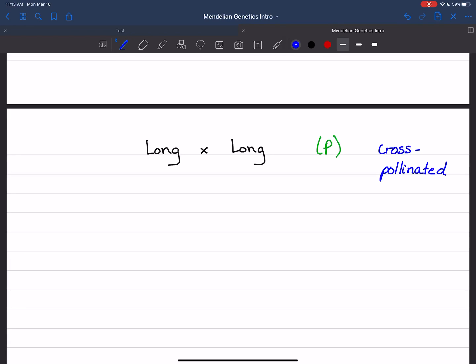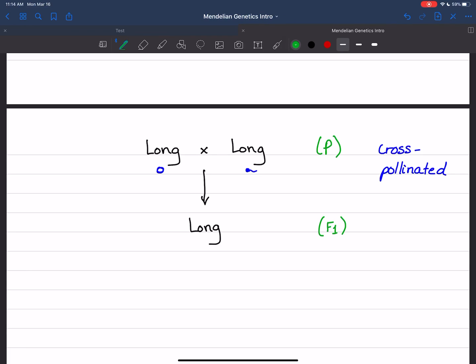The egg came from this plant, and the sperm came from that plant. So when he crossed these two particular plants, all of their offspring was long. Okay, so all of the F1, the first filial generation, was long.